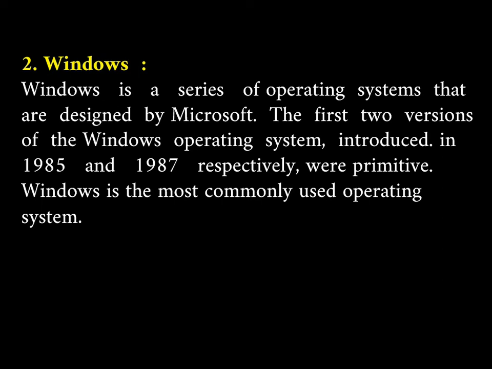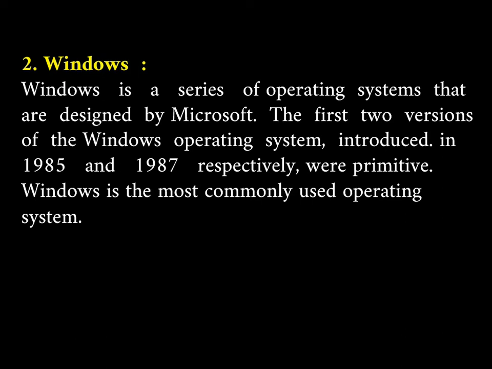After that Windows 95 came, then Windows 97, then Windows 2000, Millennium, XP, Windows NT, then Windows 7, then Windows 8, and now Windows 10 is also in the market.